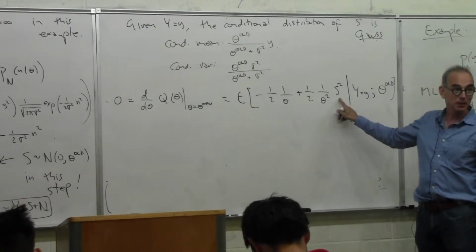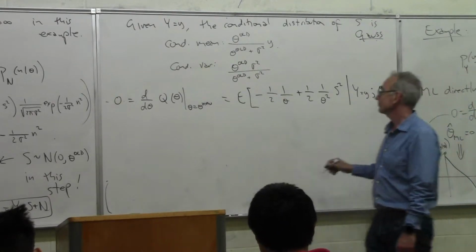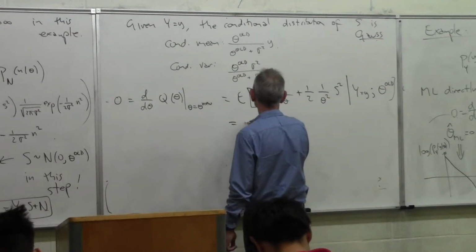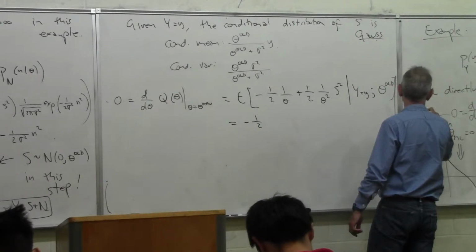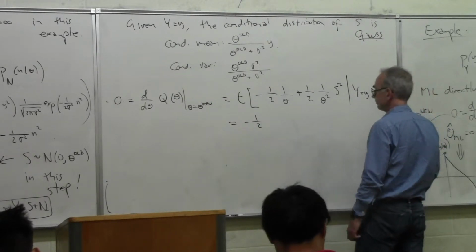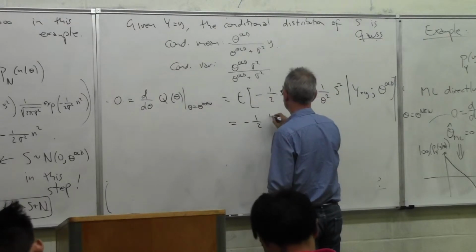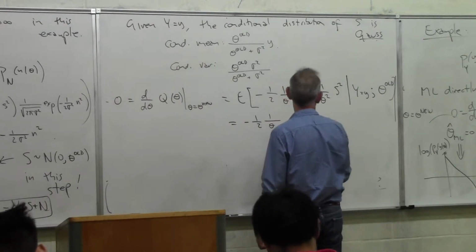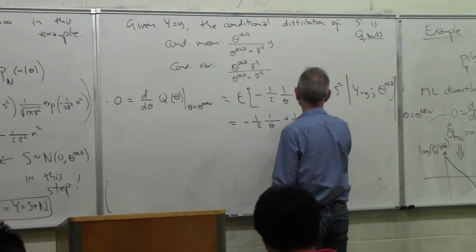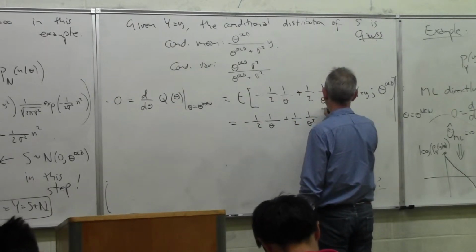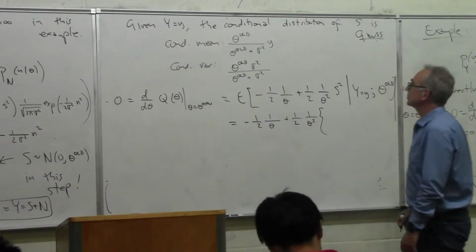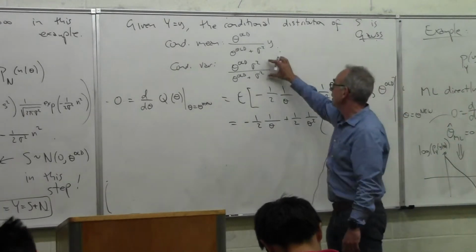It's the variance plus the mean squared. So I've got the variance, which is this baby here.